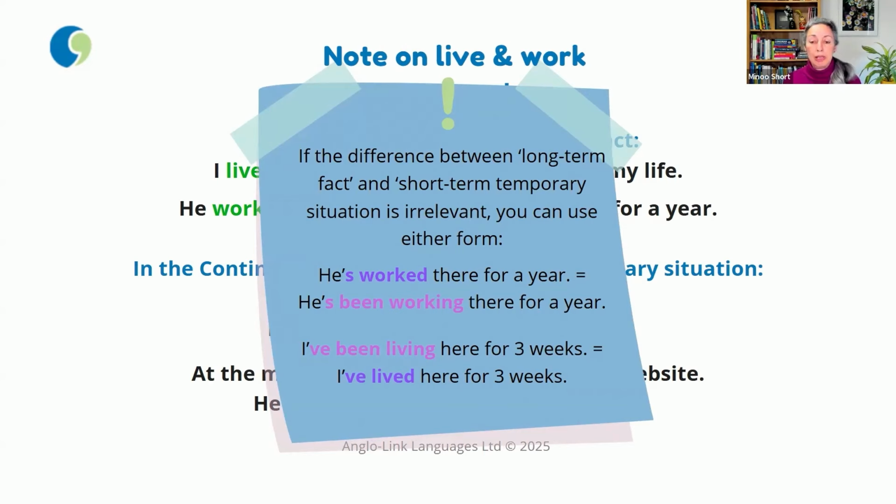Or saying I've been living here for 3 weeks or I've lived here for 3 weeks mean exactly the same thing. So very important to remember these two verbs where they come into these tenses. They can get confusing.